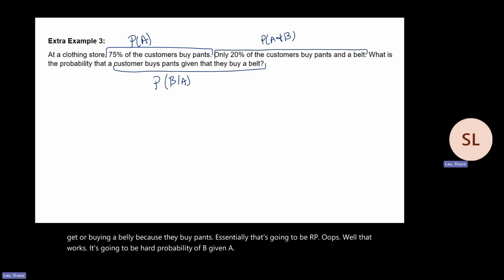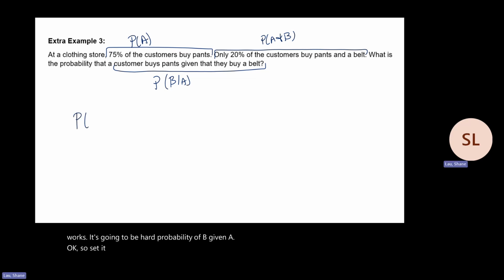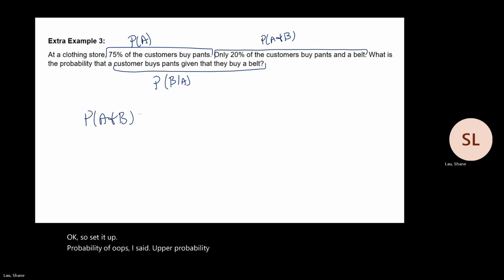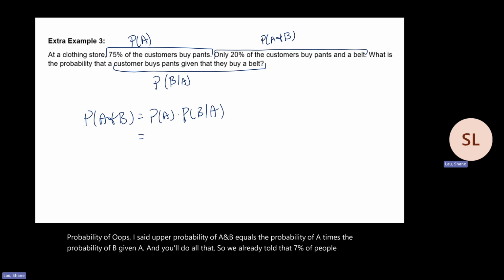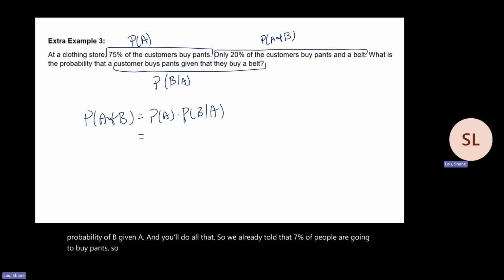Okay, so set it up. The probability of A and B equals the probability of A times the probability of B given A. We're already told that 75% of people are going to buy pants, so that's going to be on the right-hand side. 20%, so 0.2, equals 0.75 times X. For the X, divide by 0.75.